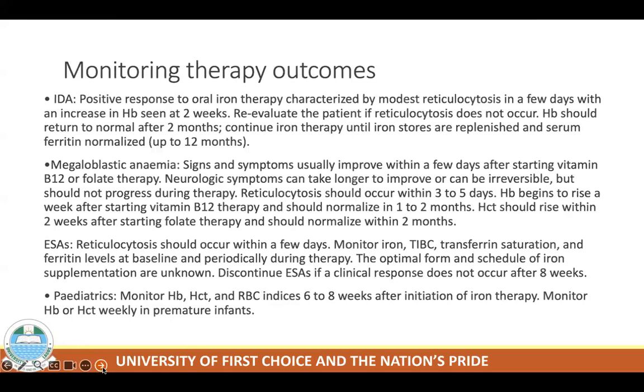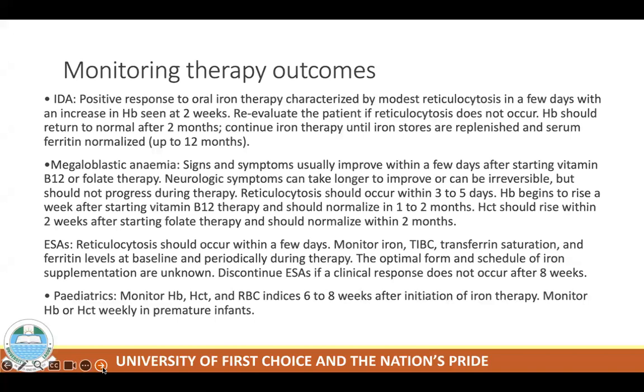Now, one of the things you notice as we've talked about this so far is that there is no duration of therapy for most of the treatments, right? We are saying treat until you get to a certain level, treat until you get to a certain point, right? So there is a need for monitoring therapy outcomes when you are treating patients for anemia.